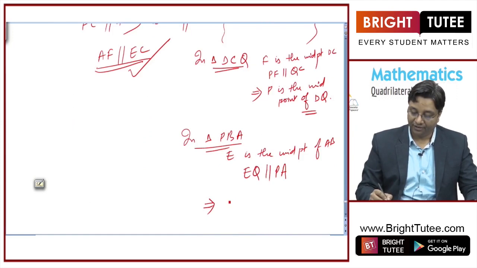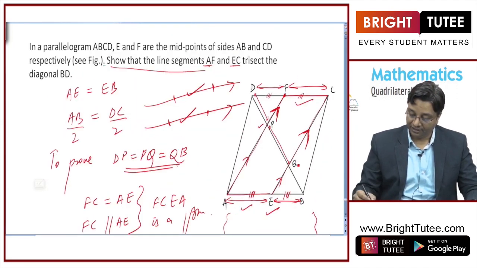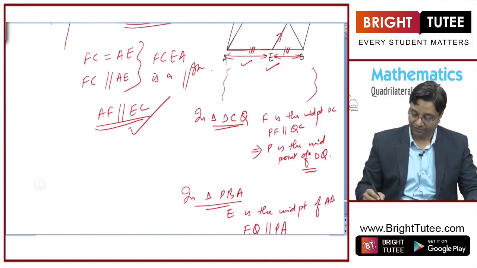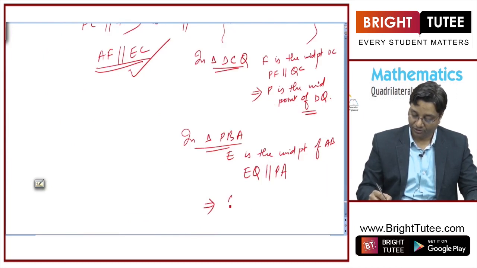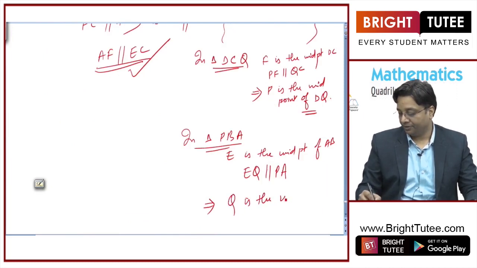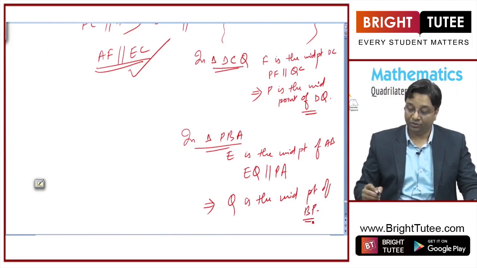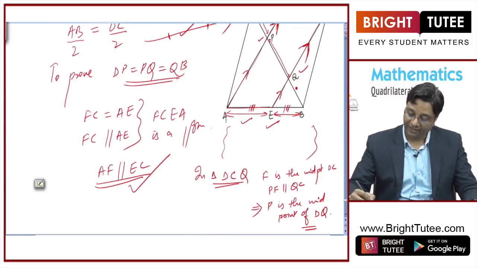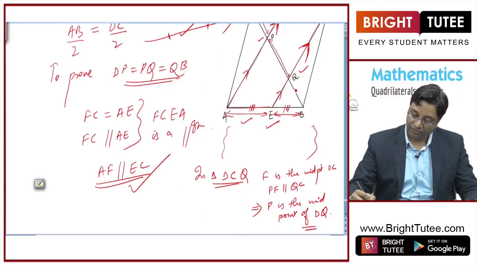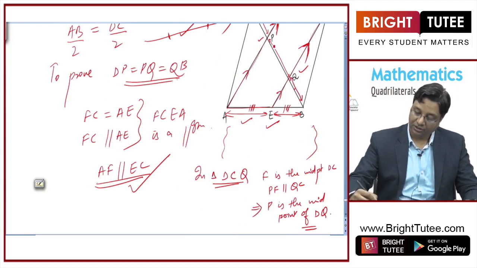Hence, by converse of midpoint theorem, I can say Q is the midpoint of BP. So Q is the midpoint of BP, and if Q is the midpoint of BP, then BQ will be equal to PQ, right?